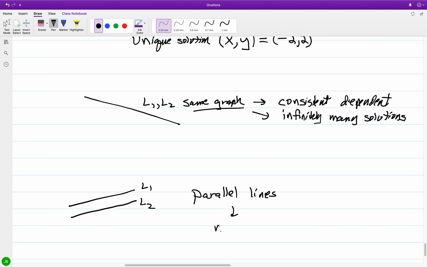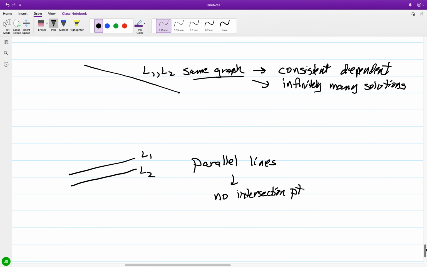With parallel lines, you have no intersection point, and that means we have no solution. A system that has no solution is regarded as inconsistent.